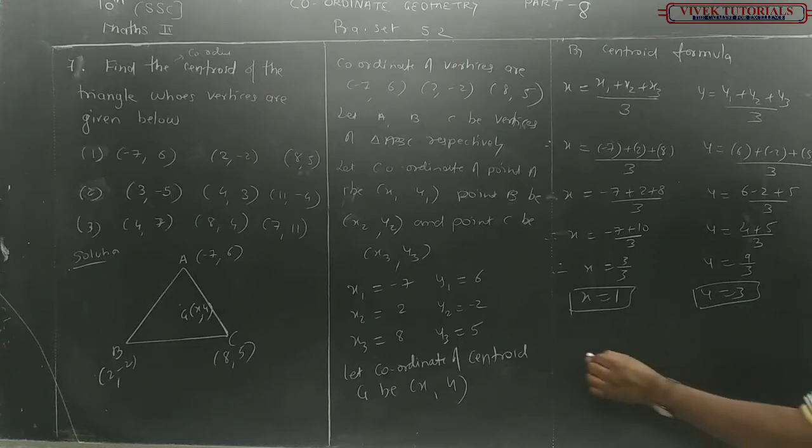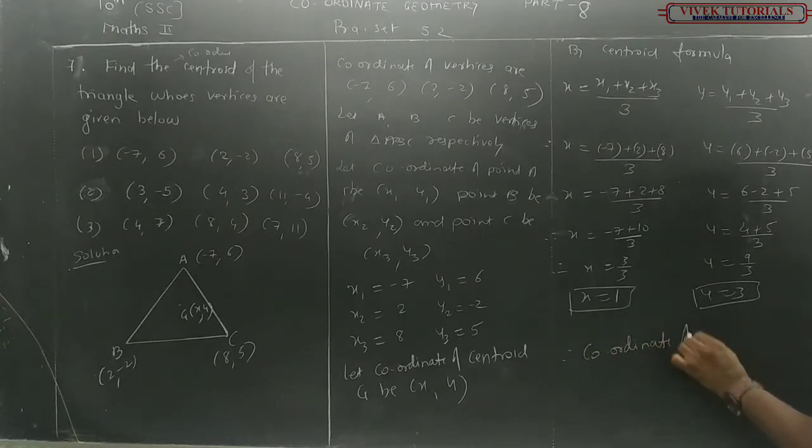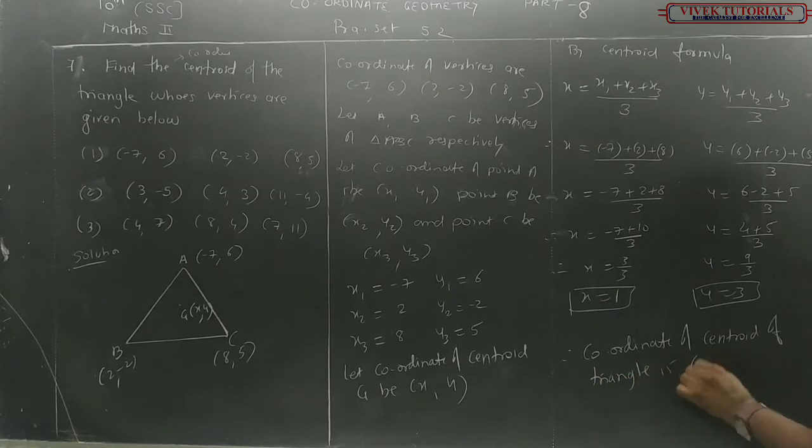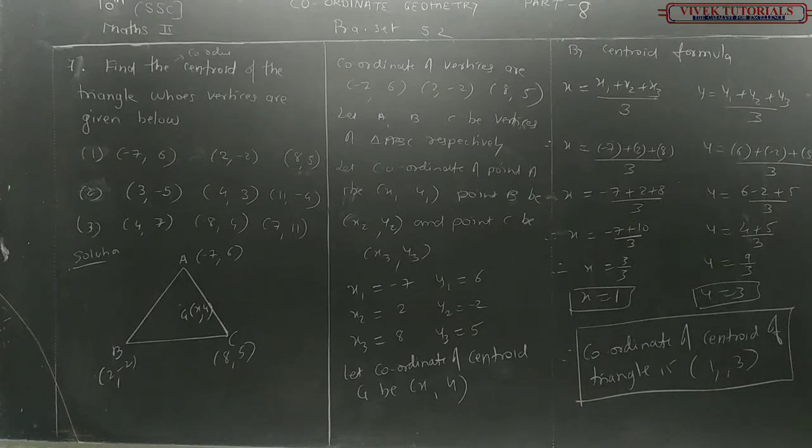Therefore, what you are going to write? Coordinate of centroid of triangle is 1, 3. That you are going to put in the box and this is your answer.